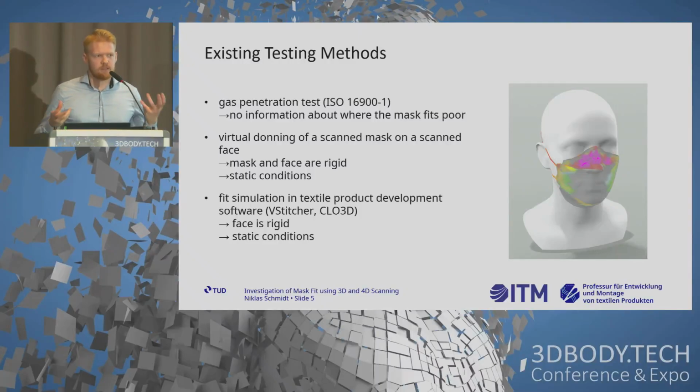A possibility to check the mask fit would be the virtual donning. That includes the scanning of the mask and the scanning of the face. The testing method includes the fit simulation in a textile product development environment like vStitcher or CLO 3D.